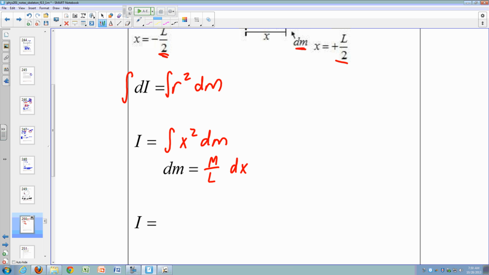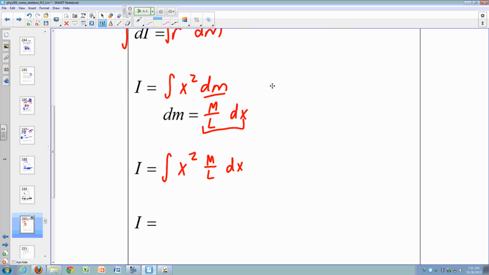So now I can replace that dm with this m over L times dx, and then my integral becomes pretty easy. It's just x squared times m over L times dx. I just substitute this in for dm. That m over L comes out of our integral.